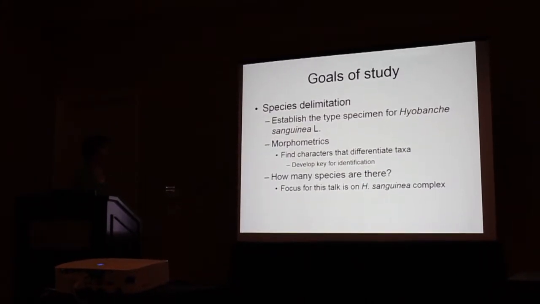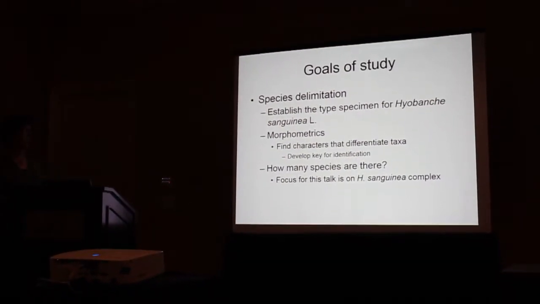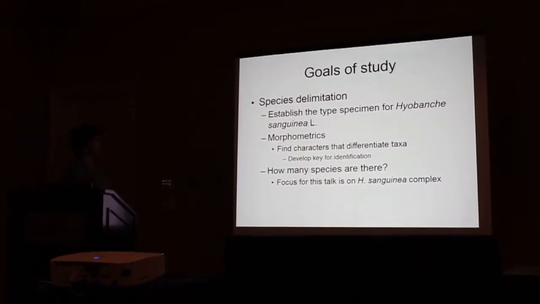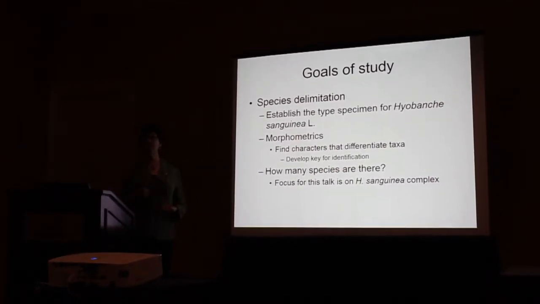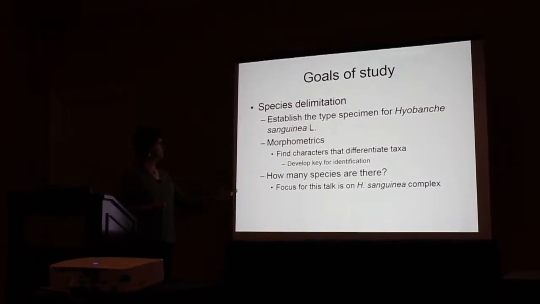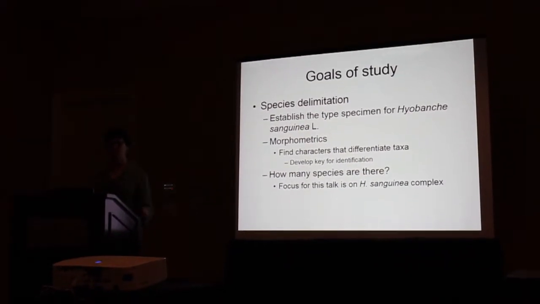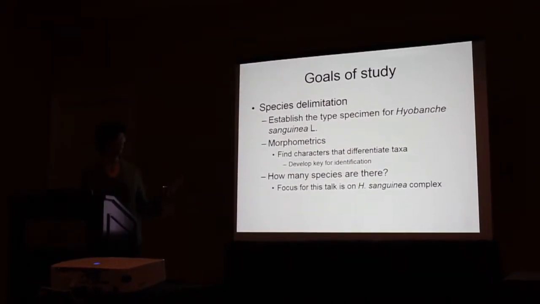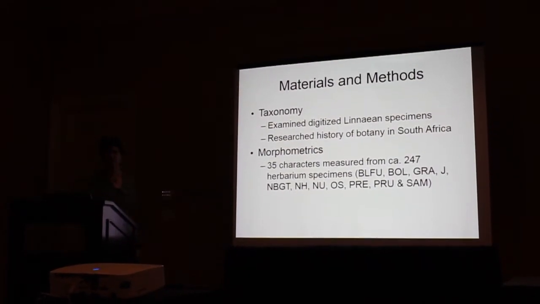And even if you can dissect a flower off without destructively sampling the specimen, it's a challenge. So that was one of my goals, to find those characters that could distinguish among different species. And then the final goal was to figure out how many species of Hyobanche there really are. So I'm going to talk mostly about the Hyobanche sanguinea complex, but also mention what I found otherwise.